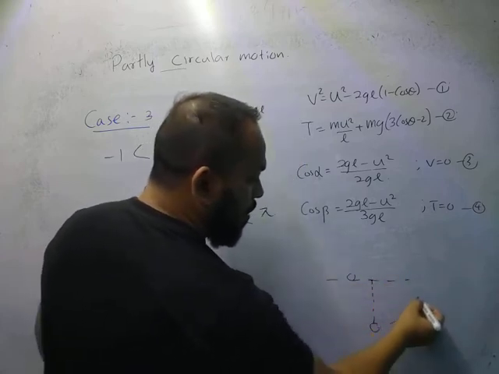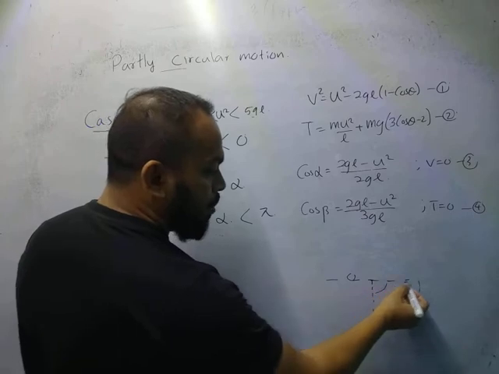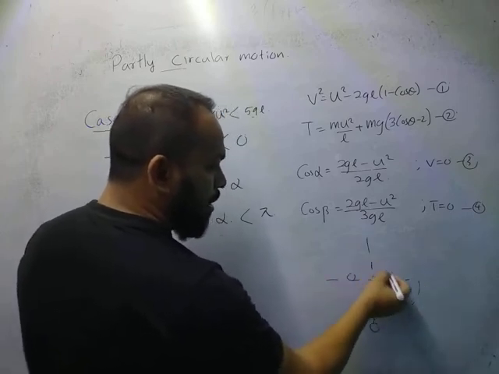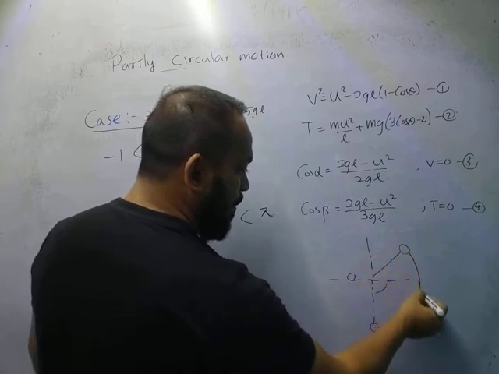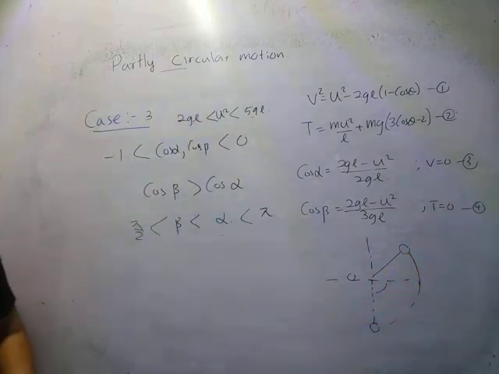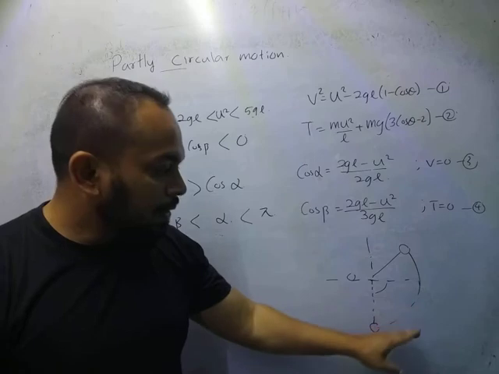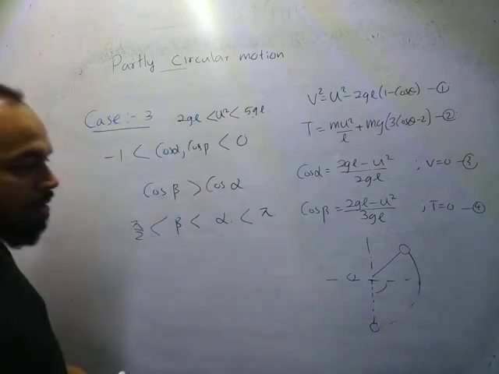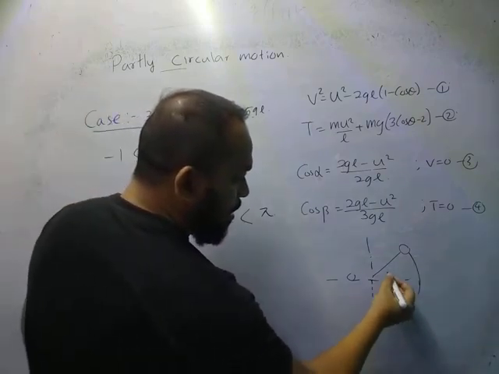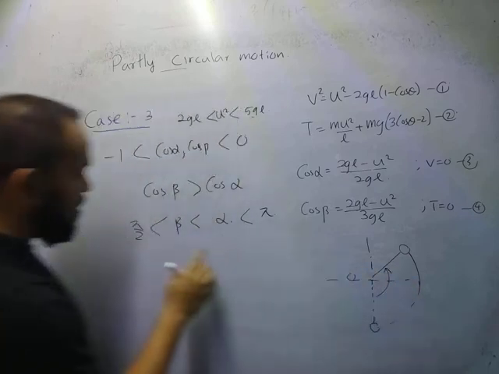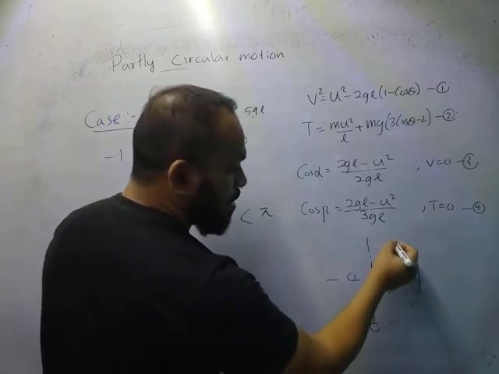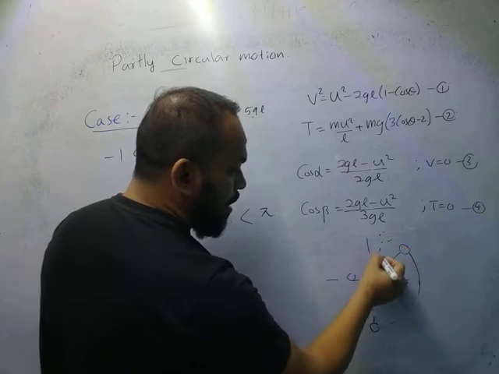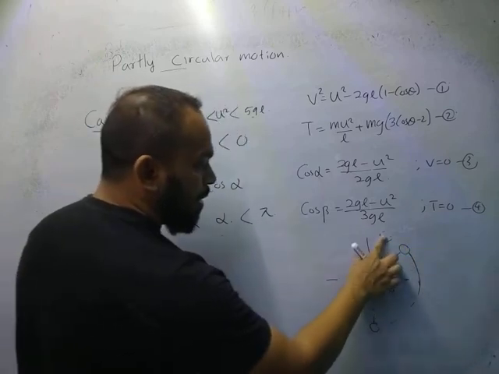In the second quadrant, the particle goes up, with pi by 2 here and pi here. So this is a position like this. Beta must be less than alpha. This is beta. Suppose there's another location that is alpha; I'm not going to mark it out.